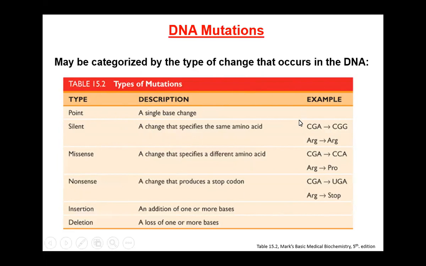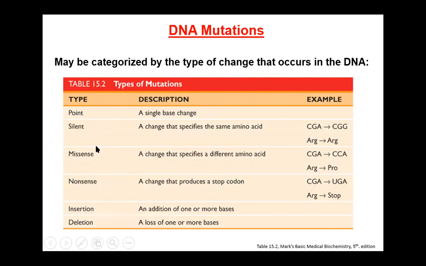So for instance, if we were to look at our genetic code, we would see that CGA and CGG both code for arginine. So even though this A here gets converted to a G, so there's technically a mutation that has occurred in the DNA, nonetheless, when we look at the amino acid that is coded here, it's the same one. So this is what we call a silent mutation.